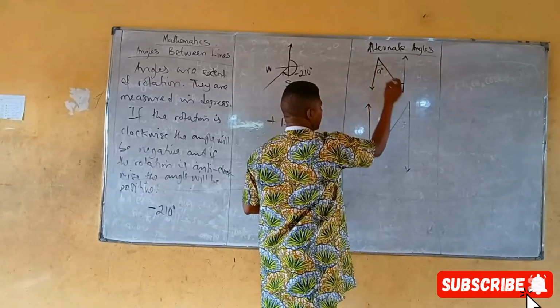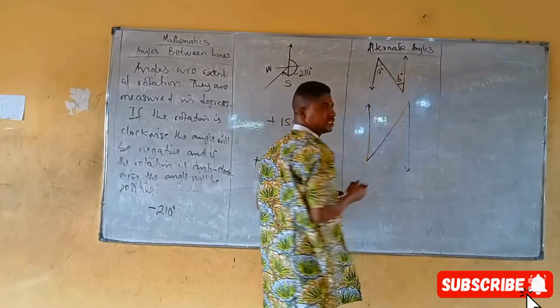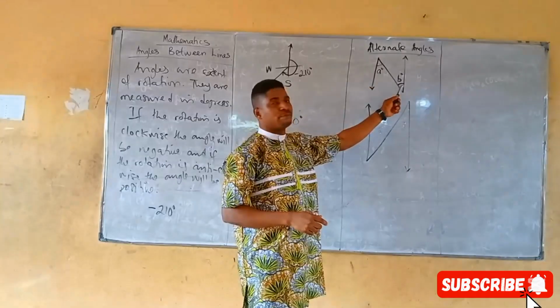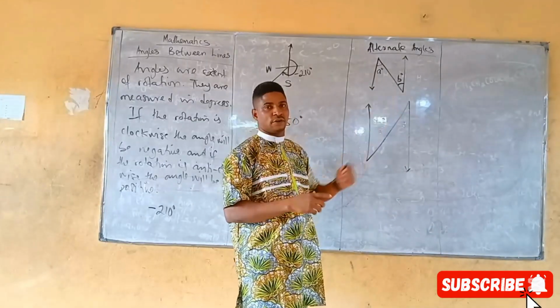If these were A degrees and these were B degrees, A degrees and B degrees will be alternate angles.